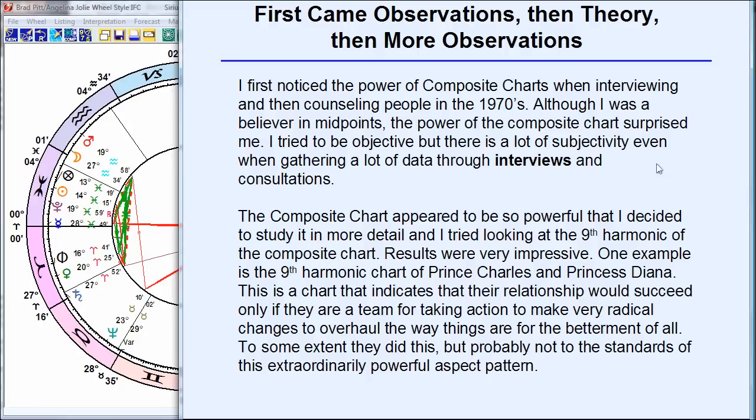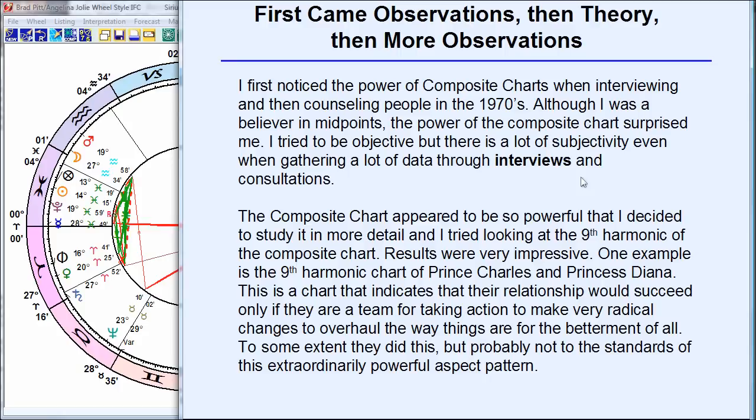Now I know this sounds crazy. If you go tell your friend who's an astrologer that you analyze the 9th harmonic of the composite chart to see what's going on in a relationship, the astrologer is likely to think you are really fishing for crazy subtle things.